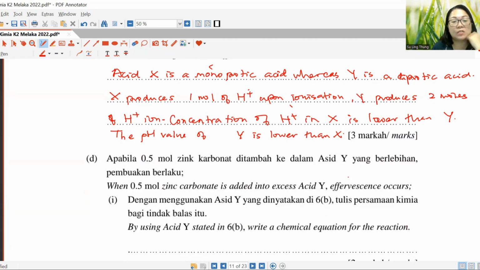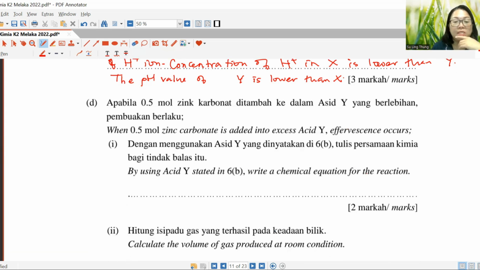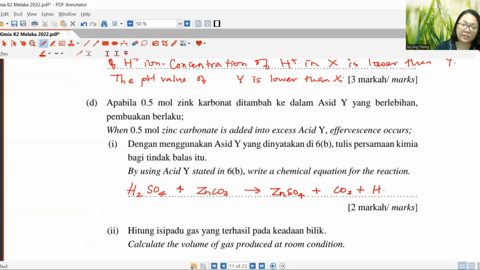All right, now let's look at D. When 0.5 mole zinc carbonate is added into excess acid Y, effervescence occurs. 1. By using acid Y stated in 6b, write the chemical equation for the reaction. So we've got zinc carbonate reacts with acid Y. So H2SO4 plus zinc carbonate, ZnCO3. You will get zinc sulfate plus CO2 plus H2O.